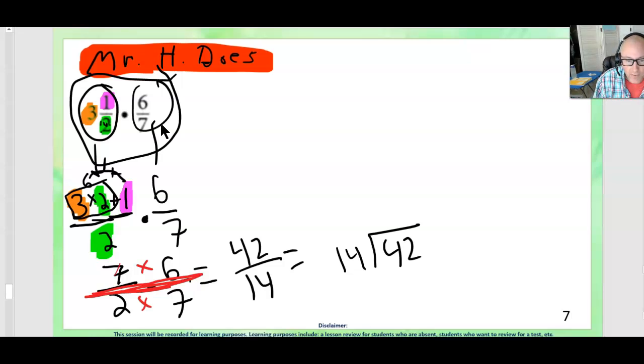For every 7 multiplied on the top, you can get rid of one of the 7s on the bottom. So now, instead of getting this 42/14 kind of junk, I'm going to erase that.